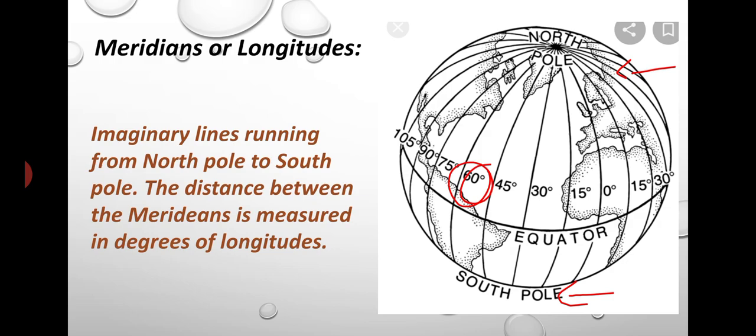The distance between these meridians is measured in terms of degrees of longitude, in the same way as latitudes are also measured in degrees.